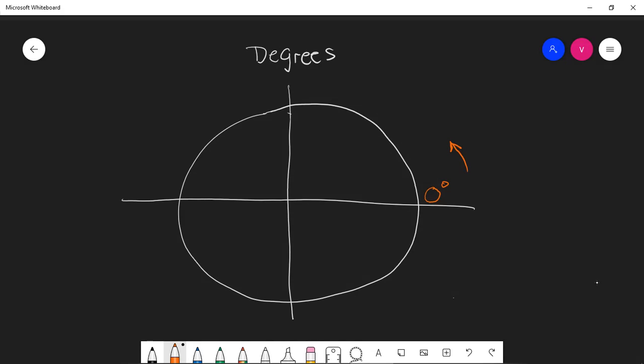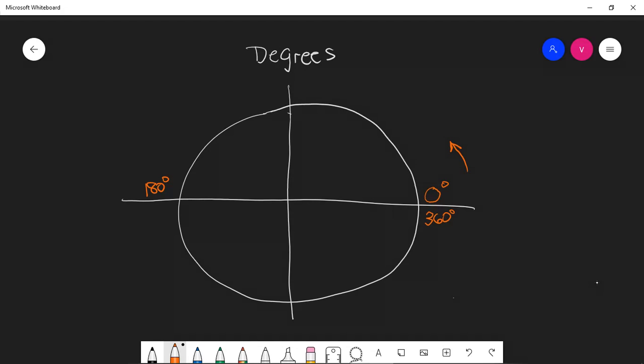So if you start here at 0, well, one time around the circle will give you 360 degrees, and you end up back in the starting place again. So, which means that halfway around the circle will give you 180 degrees. So that's half a circle is 180 degrees.